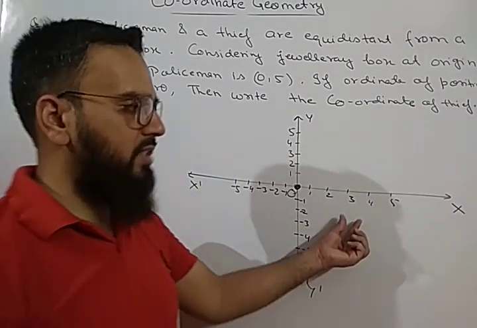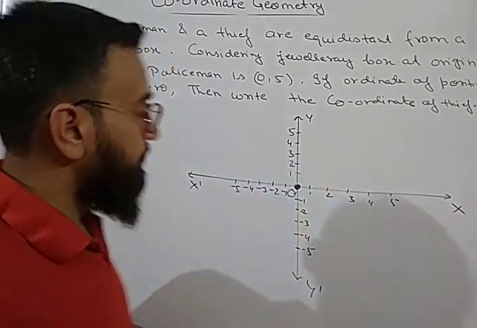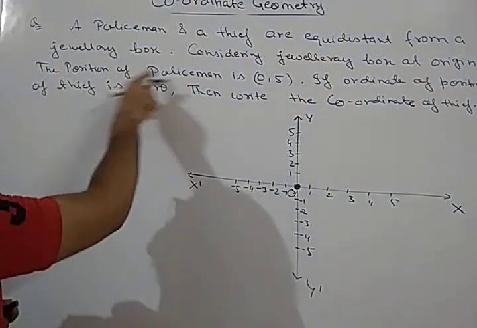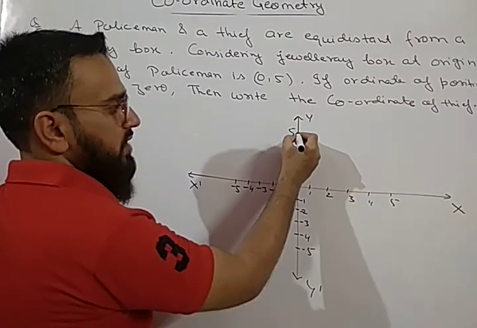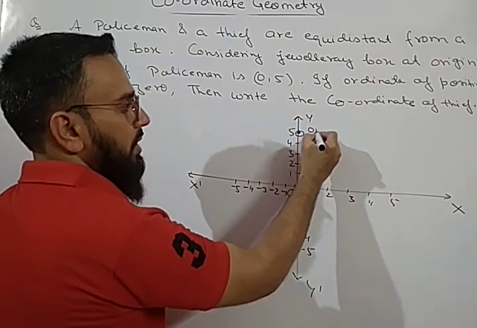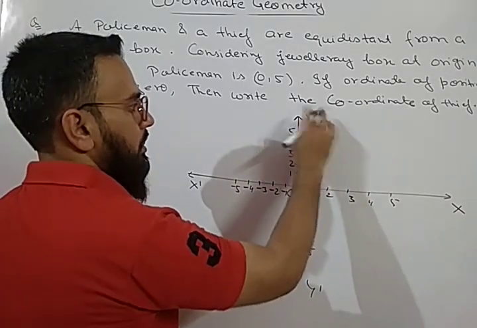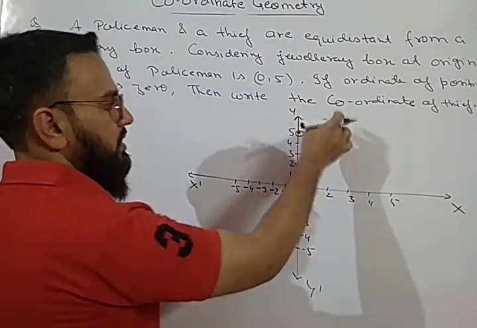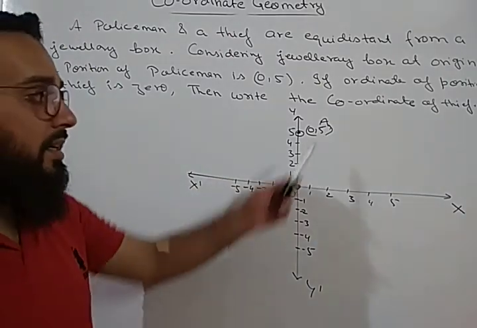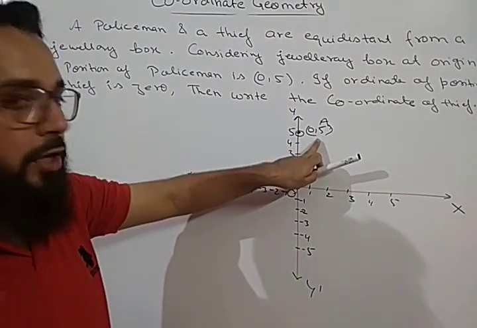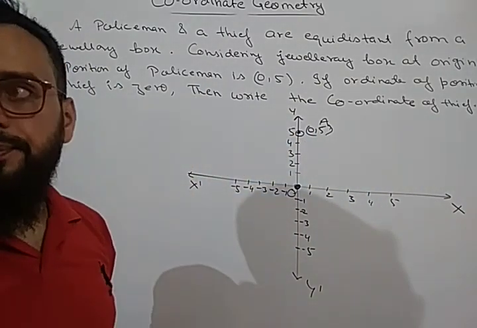We'll mark the points on the graph paper. The position of the policeman is (0, 5), so this will be the point (0, 5). Let us consider this position as A. This is our y-axis, and the position of the policeman is A, with coordinates (0, 5).